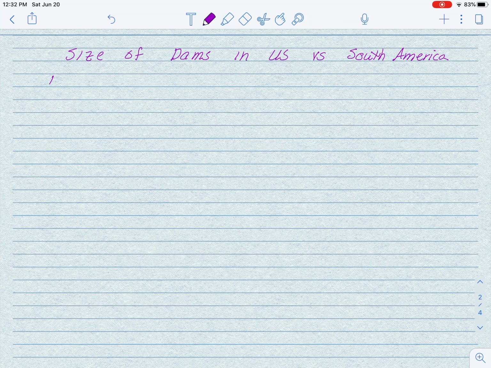Okay. So in the U.S., the 5-number summary goes as the following. We have a minimum of 50,000, and I'm not sure, 50,000 square feet maybe, or something like that. Q1 is 57,642.50.